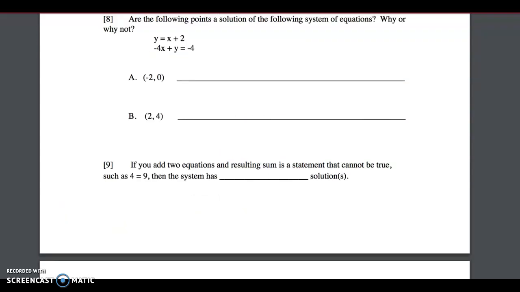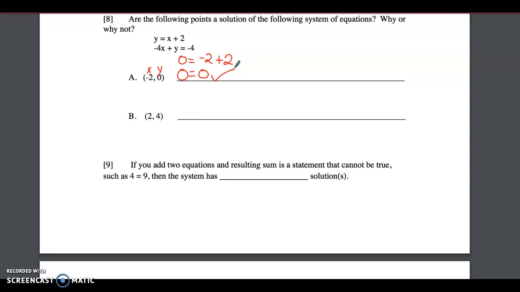Number 8, we're checking to see if the points are a solution for the system of equations. The way we do that is we plug it in. Remember that our first number is x, our second is y. I'm going to use our first equation first. It's telling me that 0 equals -2 plus 2. Well, -2 plus 2 equals 0, so right now I'm good.